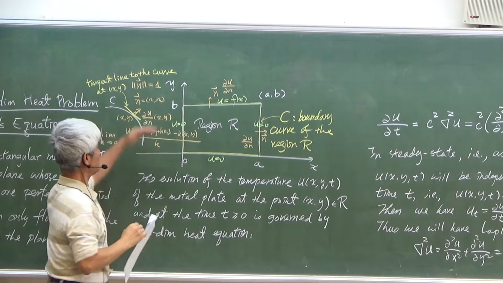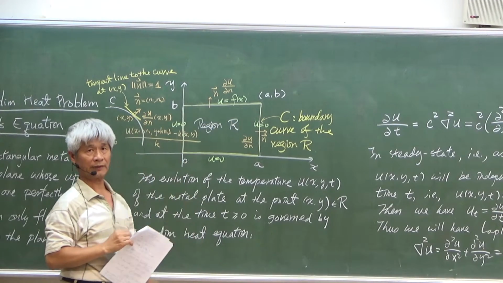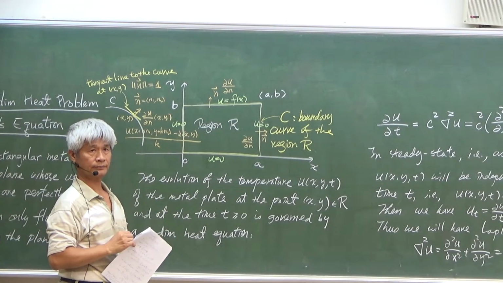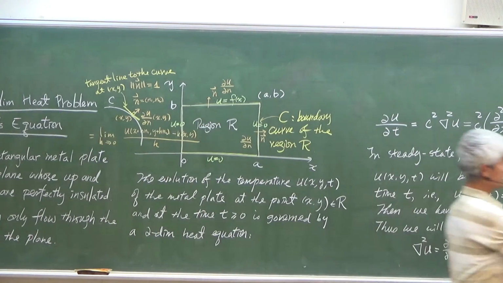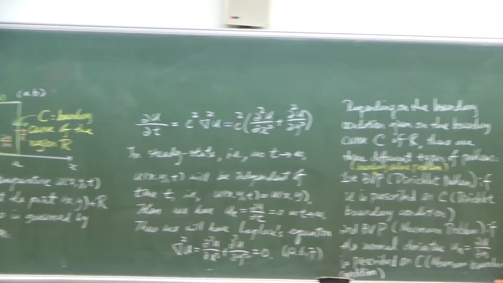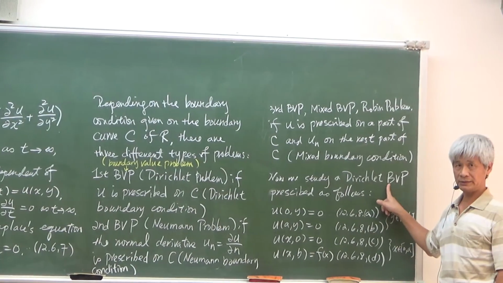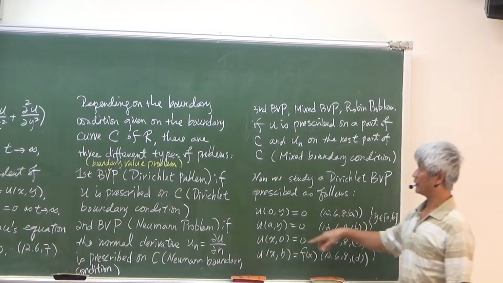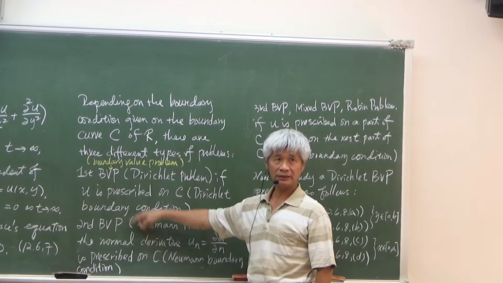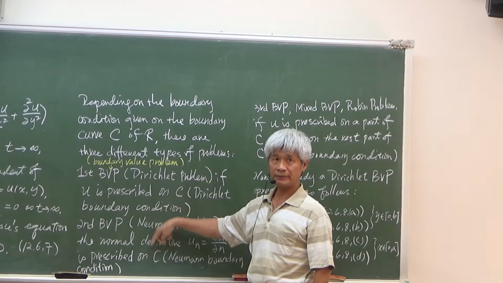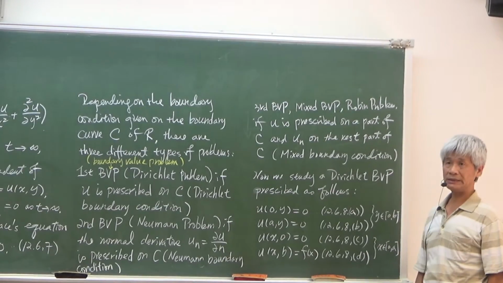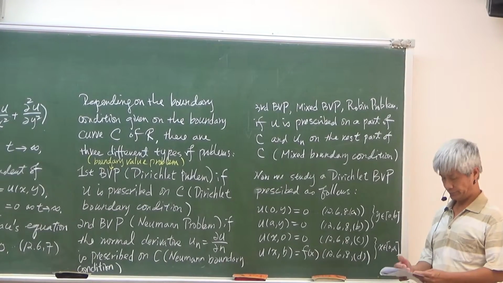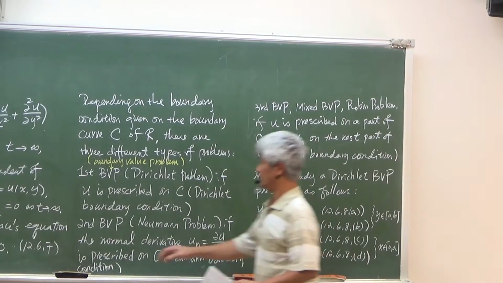Okay? So this side, u is equal to f of x. Okay, so this boundary condition is a Dirichlet boundary condition, according to our classification of boundary problems. Any questions? All right.